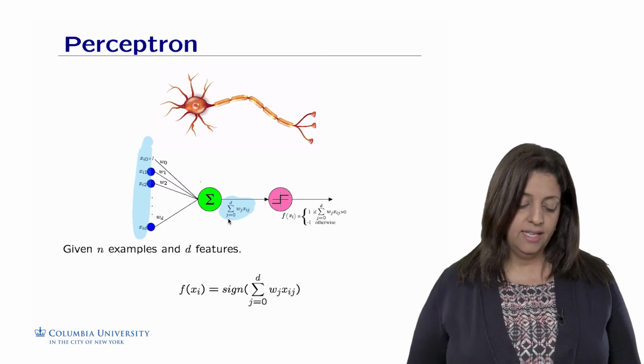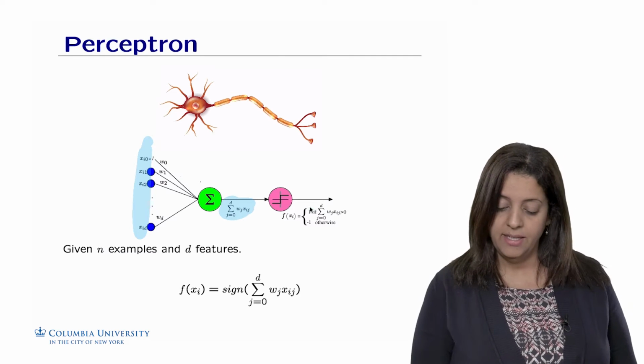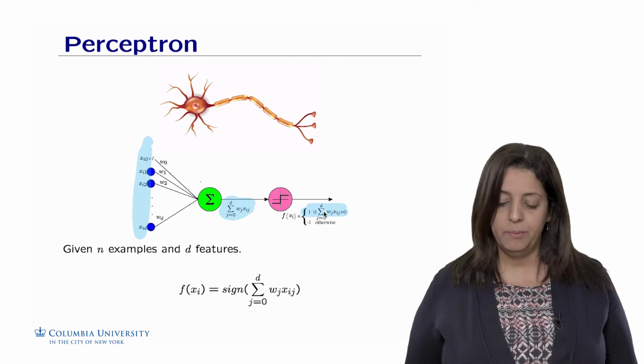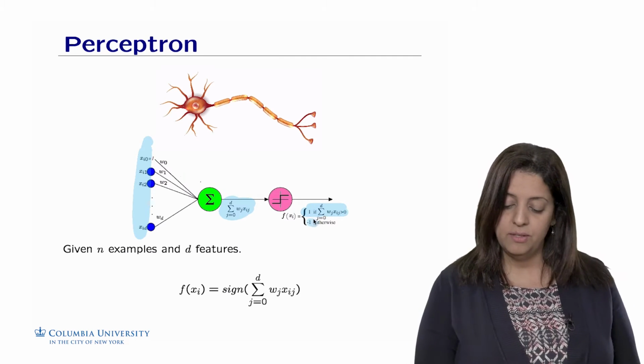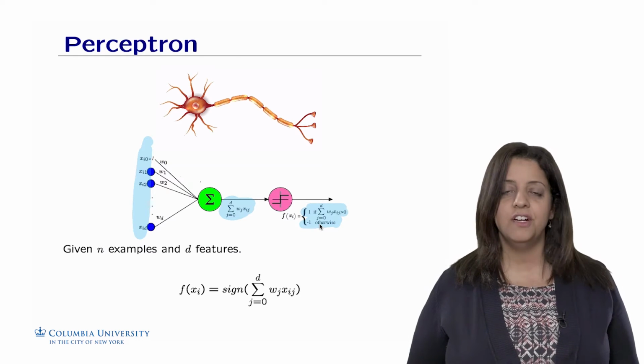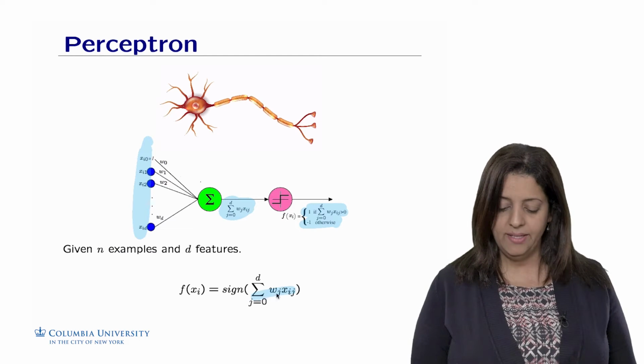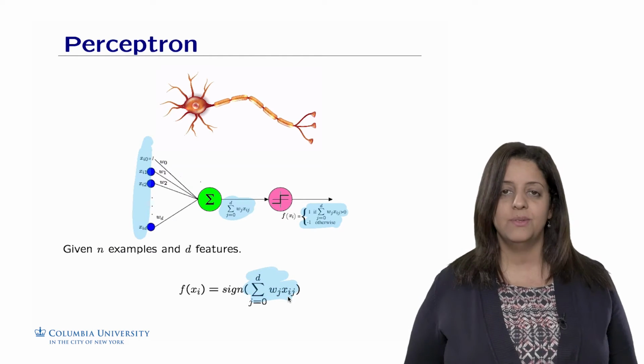Then the output goes through a step function in which the output is 1 if the linear combination exceeds some threshold, -1 otherwise. So we could write that the function that we want to learn, or the model, is the sign of a weighted sum of the feature values.